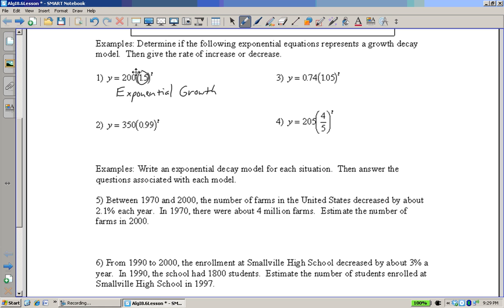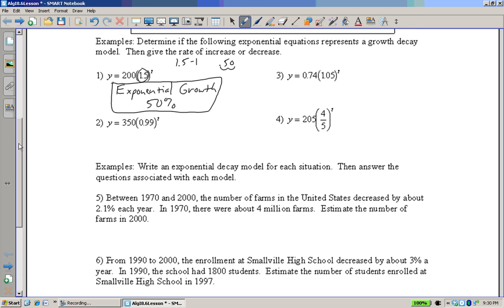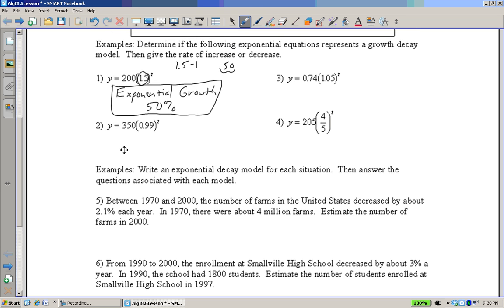It's larger than the number 1. How much more so? Well, 1 and 5/10 minus 1 is 5/10. If we make that into a percentage, the rate is going to be 50%. And that's pretty much it. We're just identifying to which family it belongs and the rate at which that's happening.